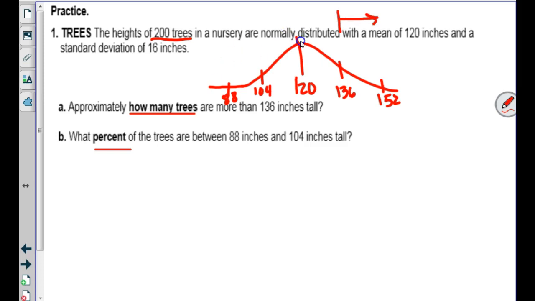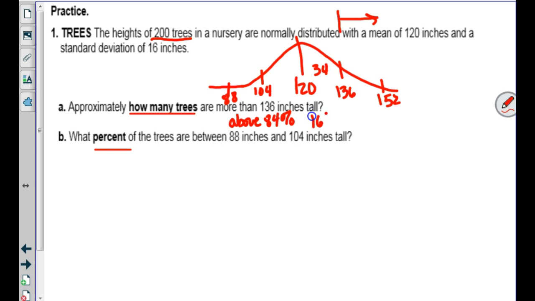So that's saying above this. This is half of the data over here, 50%, and this was 34%, right, on the empirical rule. So we want above that. So above 84%. So what does that leave, guys? What percent is above 84%?